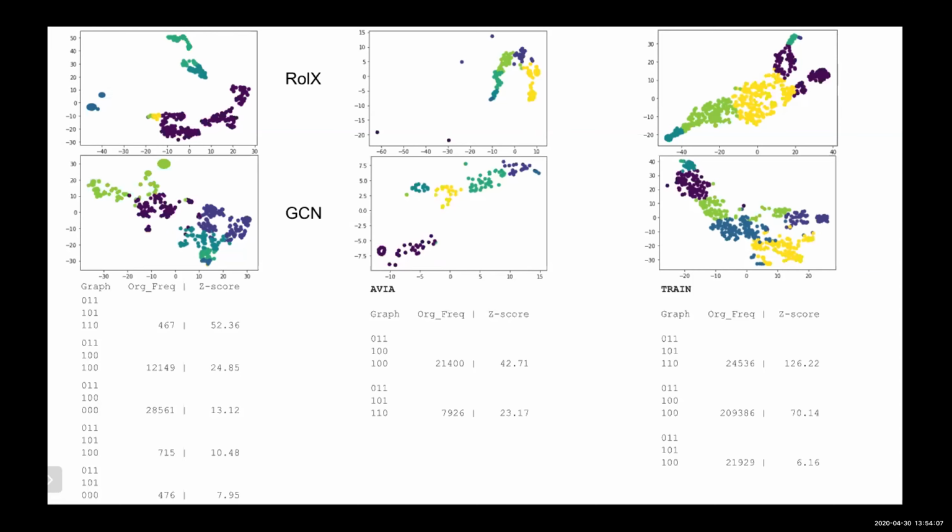And here we can see that for every substructure defined as an adjacency matrix 3 by 3, we have the organic frequency count and the z-score, and z-score is how many times this motif appears more often than at random.